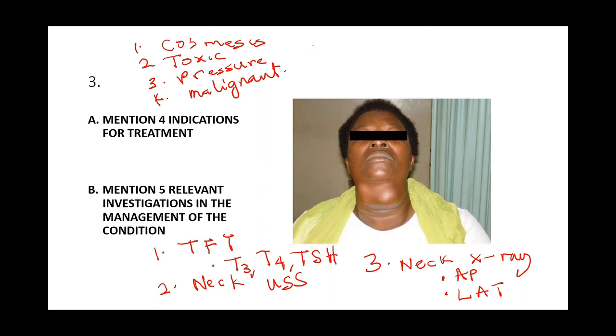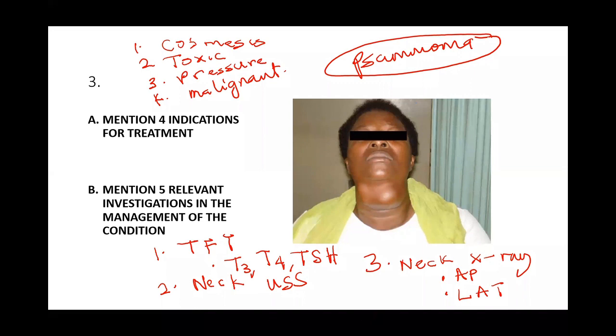On X-ray, you might see stipple calcifications. And those calcifications are representation of what is called psammoma bodies. Psammoma bodies are pathognomonic for papillary thyroid cancers. And on X-ray, they appear as stipple calcifications.